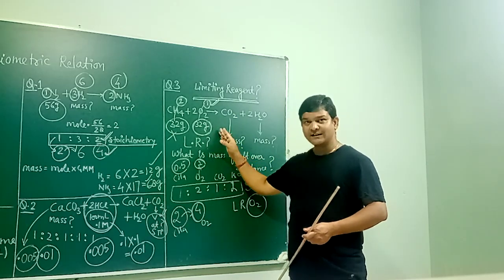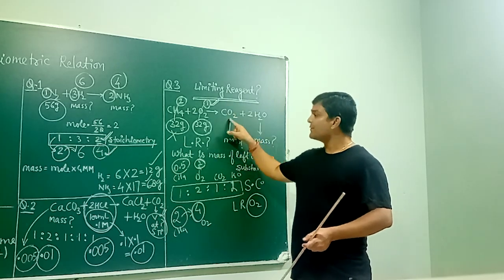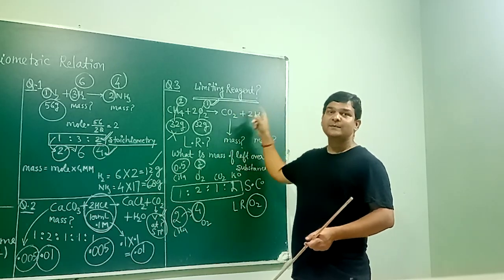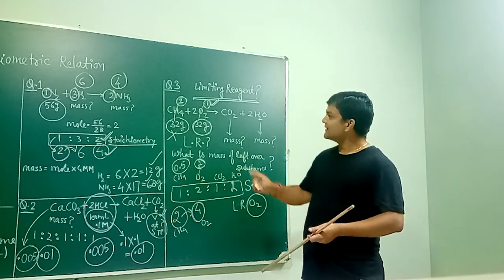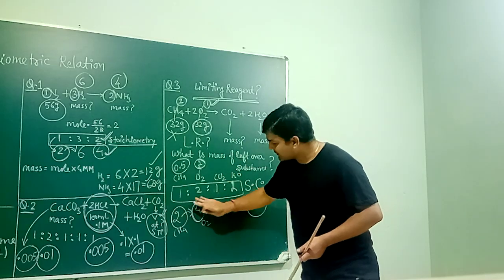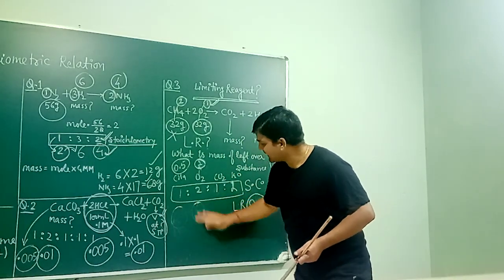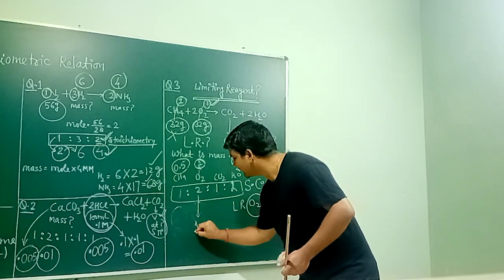So remember this very important statement: the amount of product is decided only by the limiting reagent. In this question the limiting reagent is oxygen, and the number of moles of oxygen is 1.